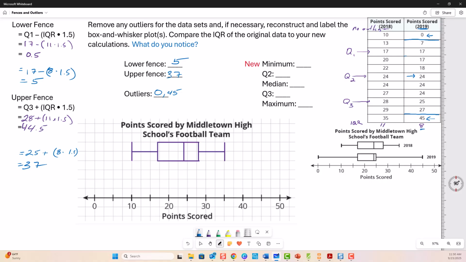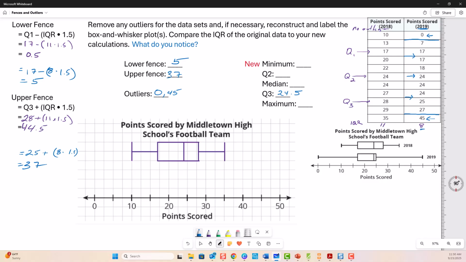However, now I'm going to find my first quartile here, so that is going to be 17, and that has not changed. My third quartile now is going to be 24 and a half, so that has changed slightly. It's 24 and a half because it needs to be between 24 and 25.